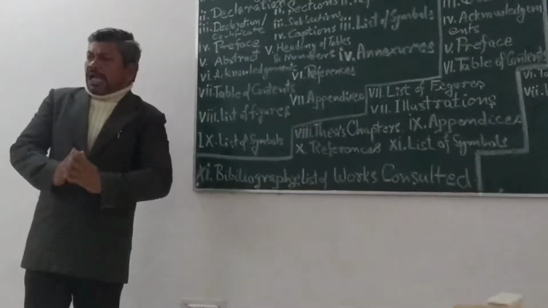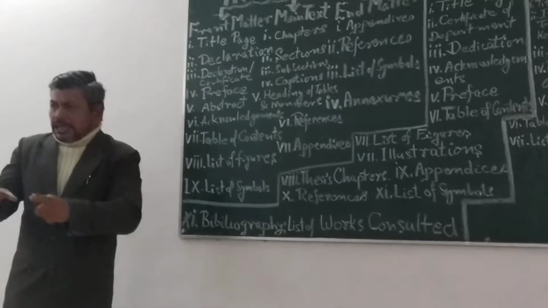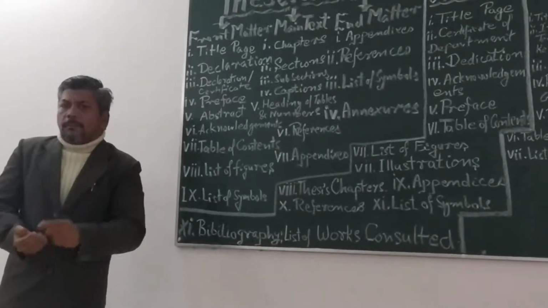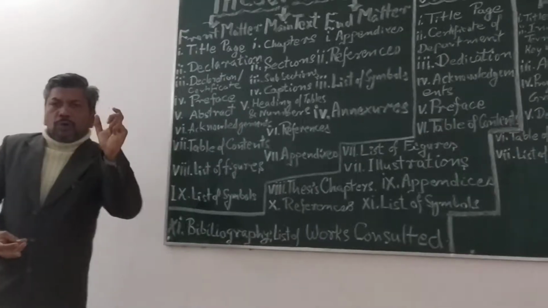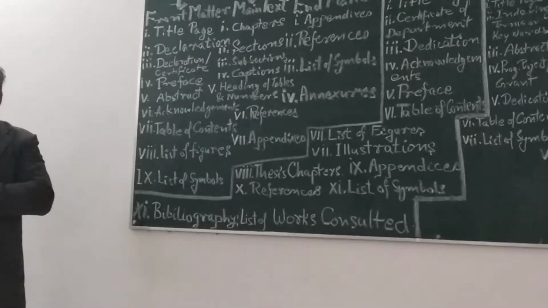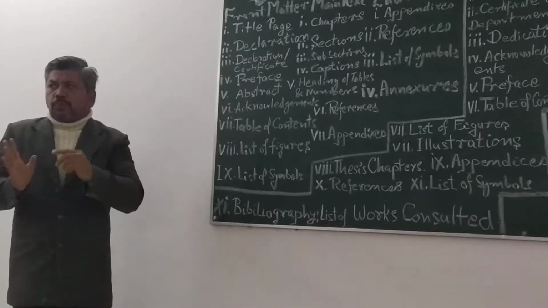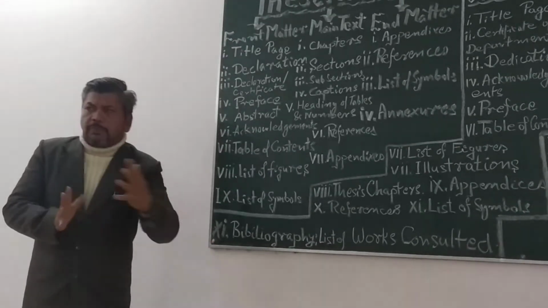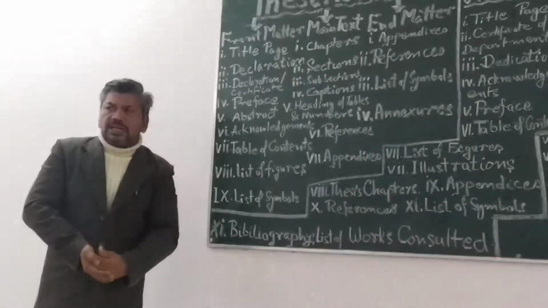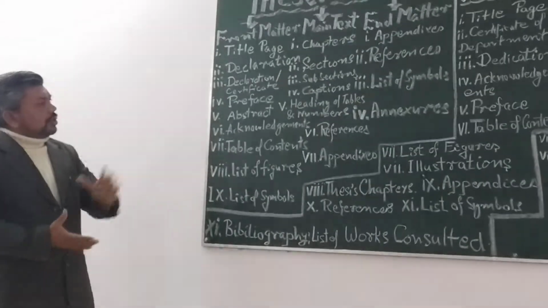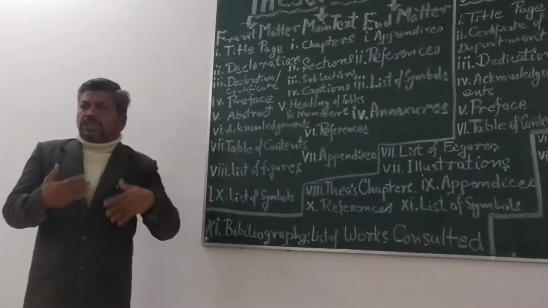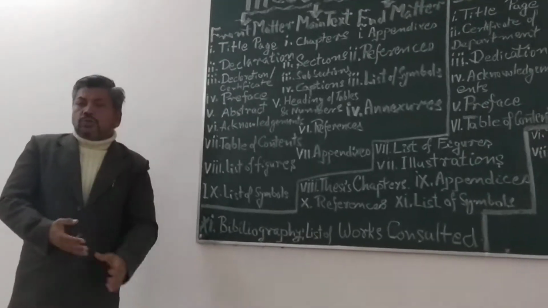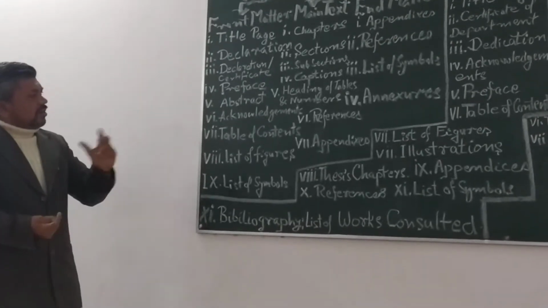His work must be authenticated, validated, and certified by an appropriate authority, like a certificate by the supervisor or by the concerned department or university, that this is original work done by Mr. So and so, to the best of the knowledge of that fellow.